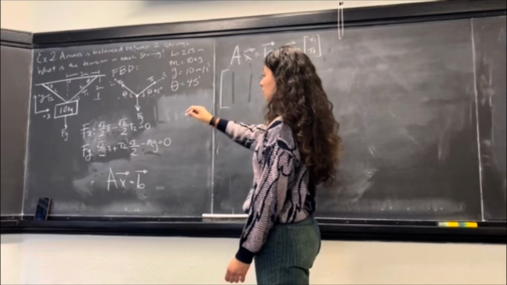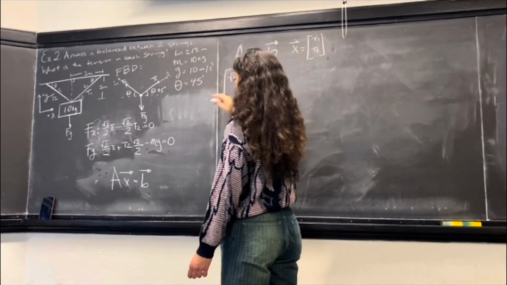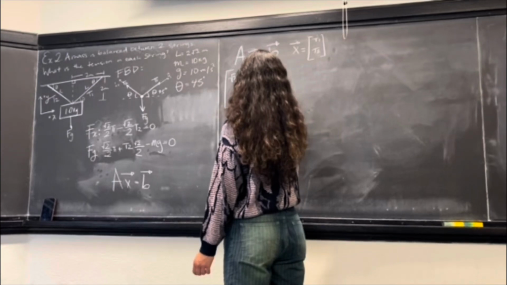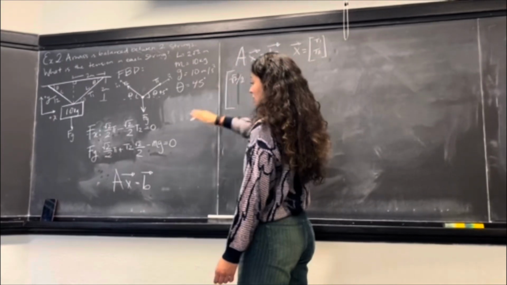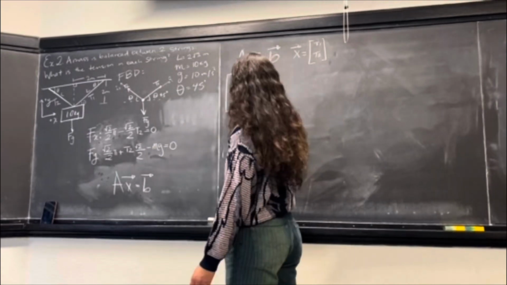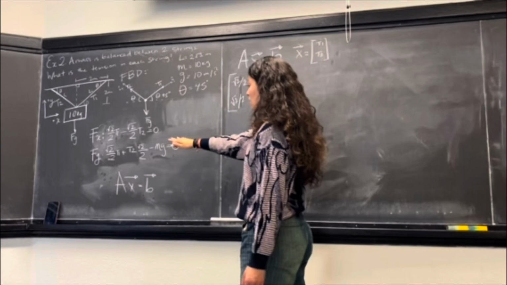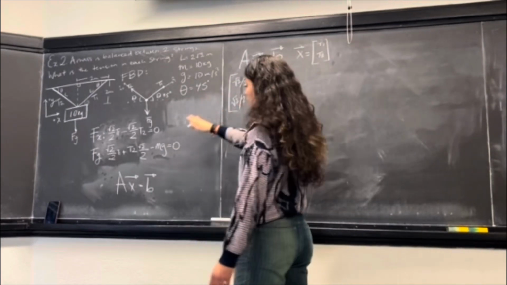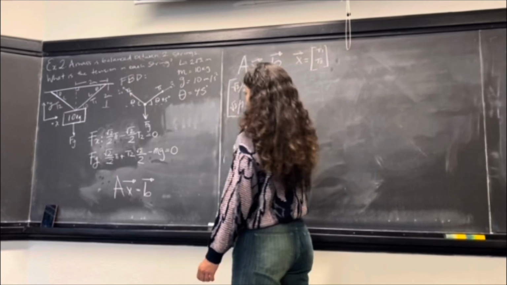So we see that it would be root 2 over 2, negative root 2 over 2. And then our T1 in our second equation, again, is root 2 over 2. This time our T2 is positive, root 2 over 2.